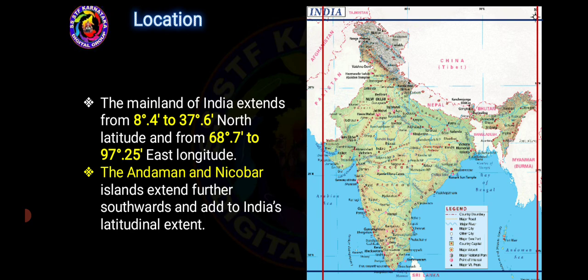Not only that, children, we see that the Andaman and Nicobar Islands extend further southwards and add to India's latitudinal extent. The Andaman and Nicobar Islands also belong to our country.